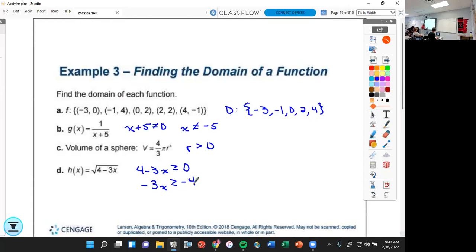So dividing by negative 3 gives me x is less than or equal to 4/3. I could write that as, it goes on to negative infinity, right? So negative infinity, comma, 4/3 bracket, right? Because it can equal 4/3.